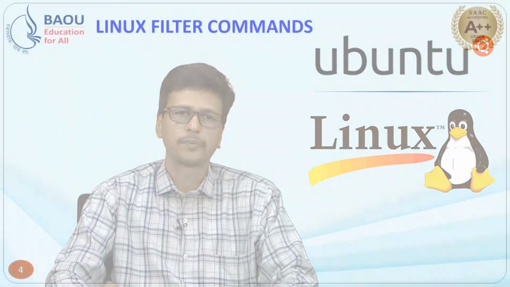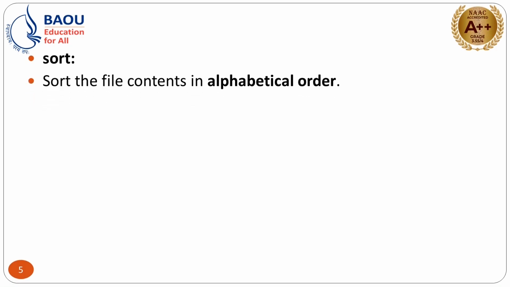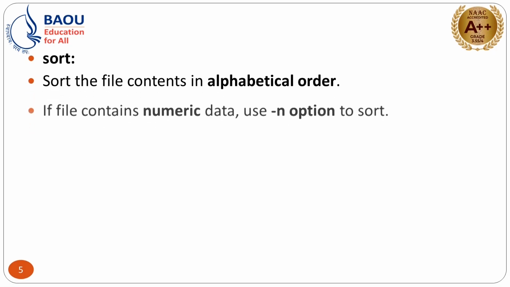Now in today's session, we are continuing with a few more filters, a few more commands that are available in the Linux or Ubuntu operating system. Today we are continuing with the sort command, or you can say the sort filter. Suppose you want to sort in ascending order or descending order.